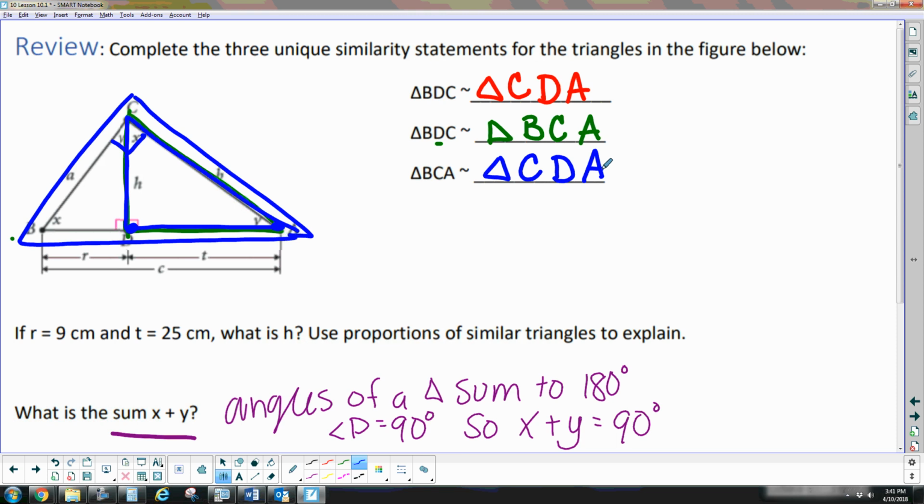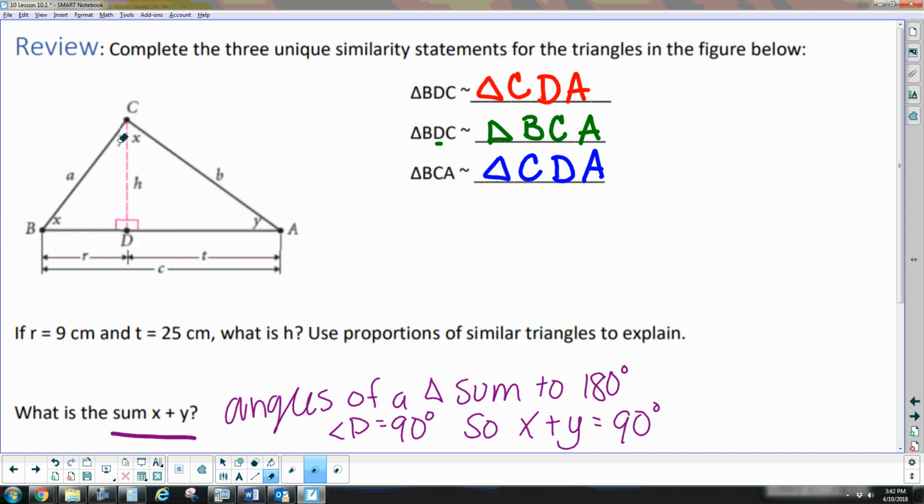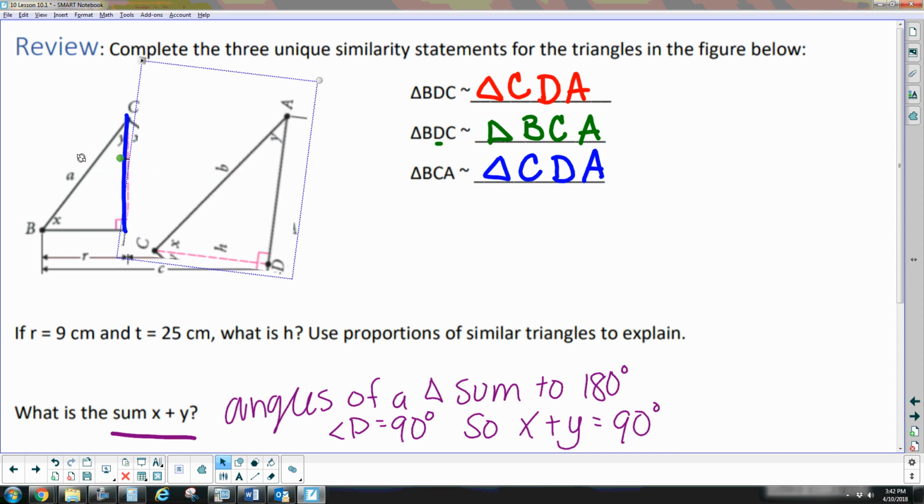So with those three similarity statements, now we can solve for missing pieces. Because we know the triangles are similar, we can use proportions of similar triangles to find this height, h. So let's think of our proportions, and it's going to help if you kind of visualize this triangle in the same order.